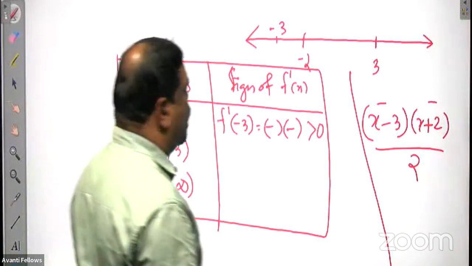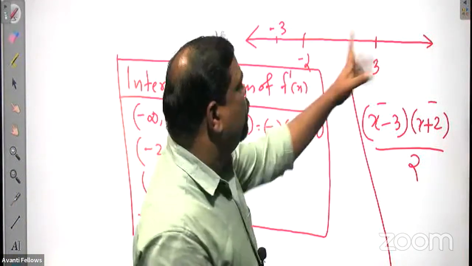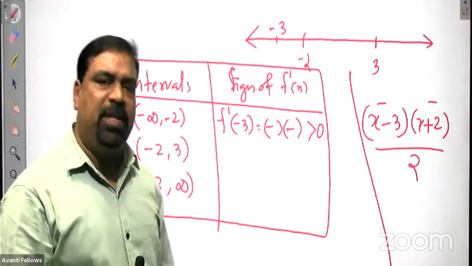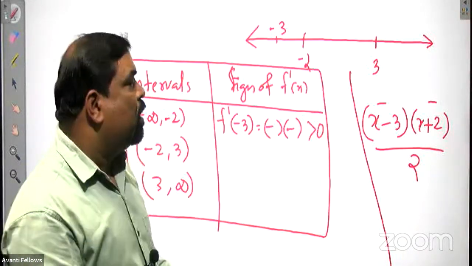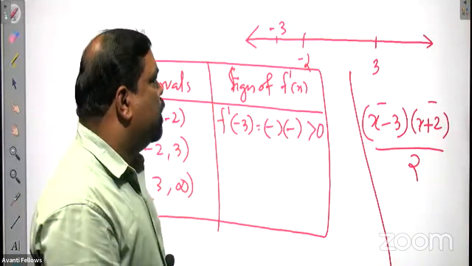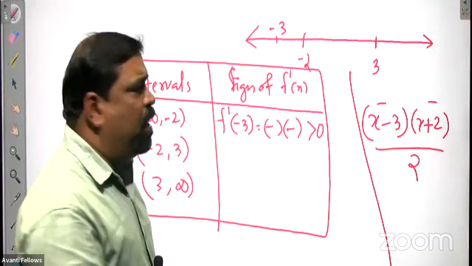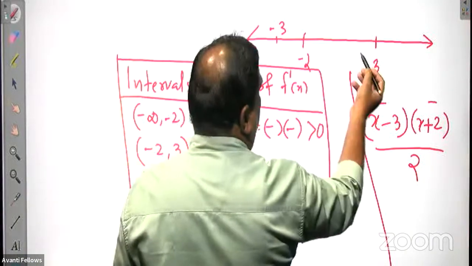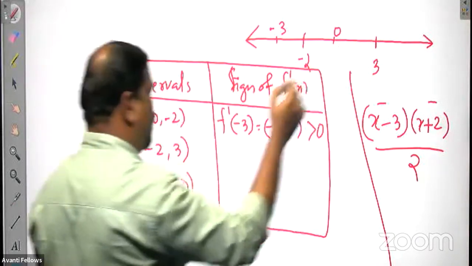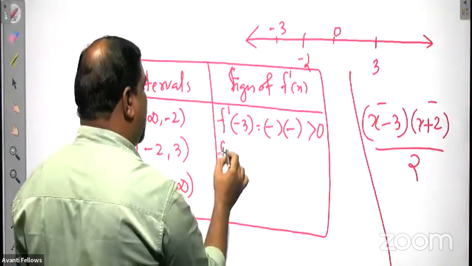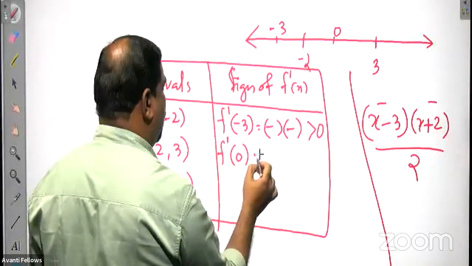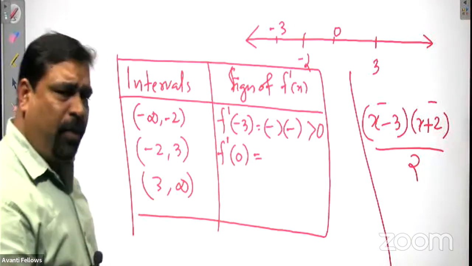Now you go to the second interval, minus 2 to 3. In that interval, what is the sign of the derivative f dash x? You can take any value in between minus 2 and 3. For example, I can take 0, which clearly belongs to that interval.